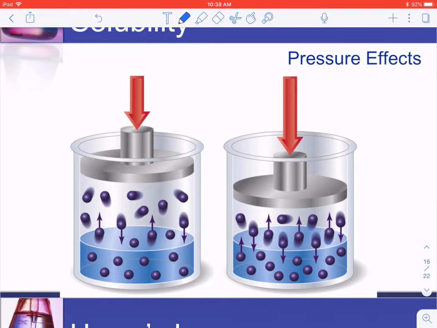Henry's law dictates that as we increase the pressure, in this case, notice what we've done is we've made the pressure go up by a decrease in volume. So Boyle's law tells us that that's an inverse relationship. We've increased pressure by decreasing volume. There are more collisions between these gas molecules and the surface of the liquid, so more and more can be dissolved in the liquid.